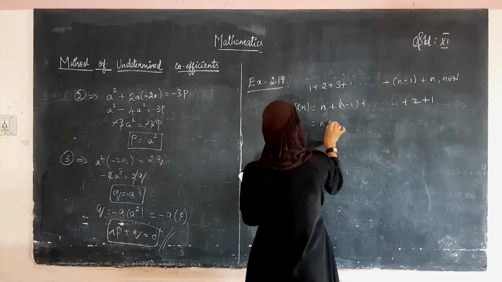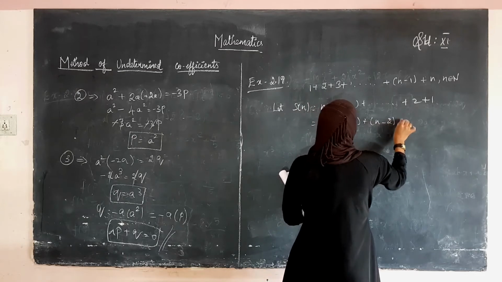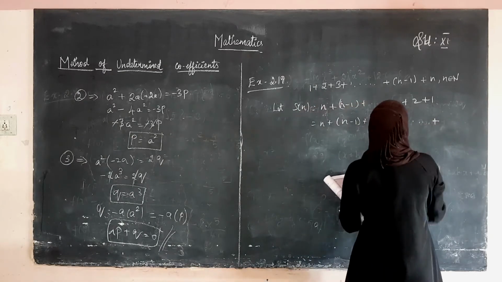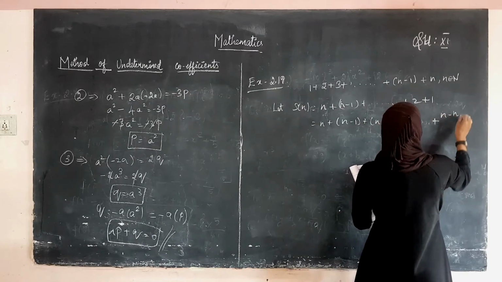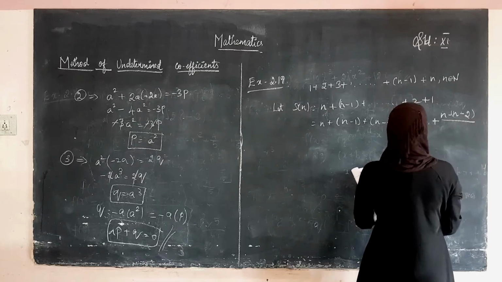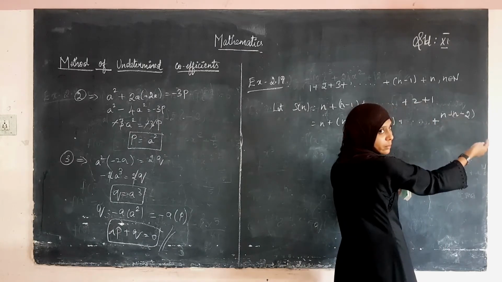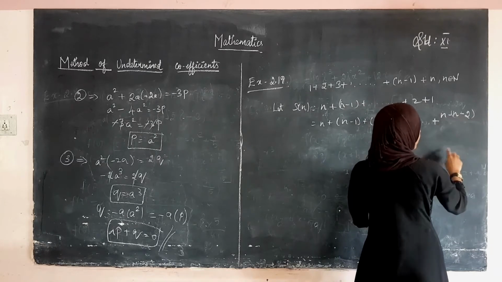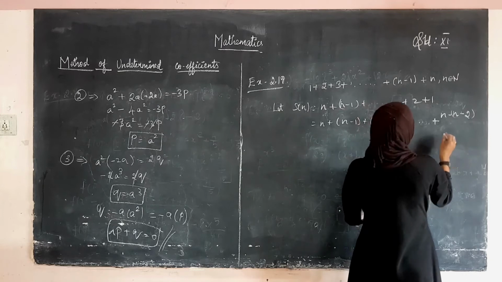So, n plus n minus 1 plus n minus 2 plus etc. up to, see this, 2 can be written as n minus 2. See here, now take this n, multiply this minus inside, n minus n plus 2. Here it becomes 2. So 2 only we are writing as n minus 2.